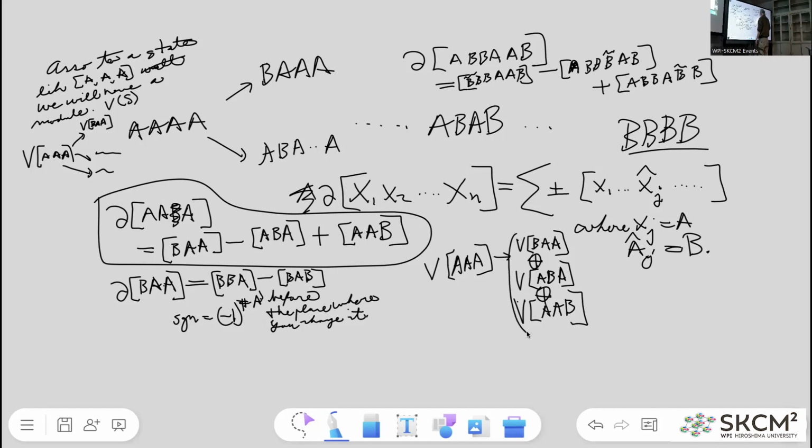Right, you just put them all together, but there are three maps. We have three maps. And I'm going to think of this as a boundary map, taking me from here to there. And it's going to be the sum of the three maps. And so when I write this, I really mean the sum of the three maps.